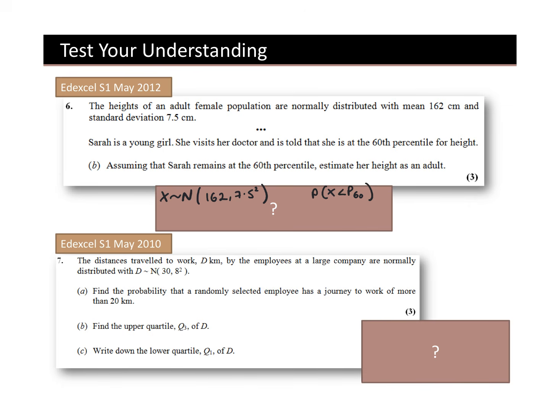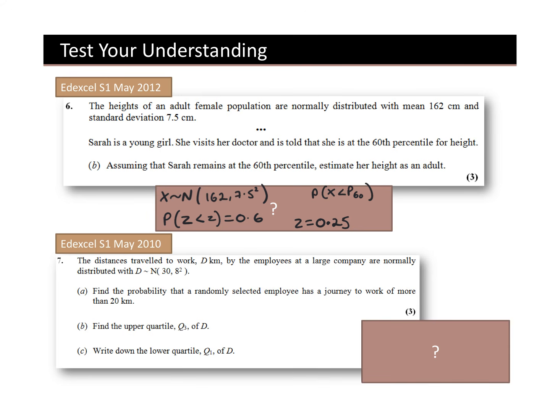Amazing. So this is the same as the probability of Z being less than a value equals 0.6. Brilliant. So using the table, we're going to look for 0.6 in the phi of Z column, which is 0.25. Okay. So our little z equals 0.25.